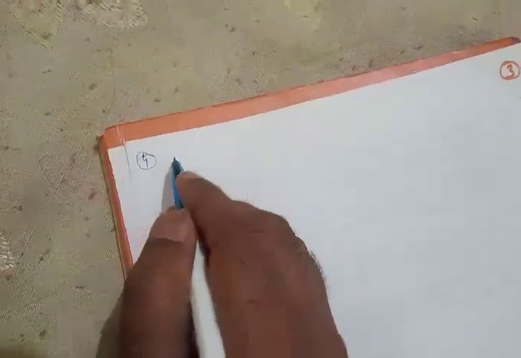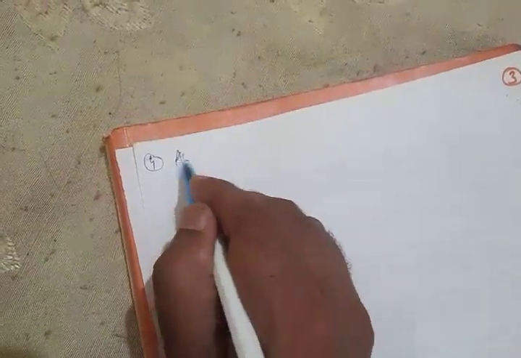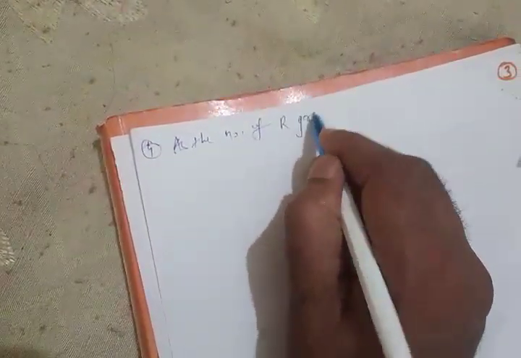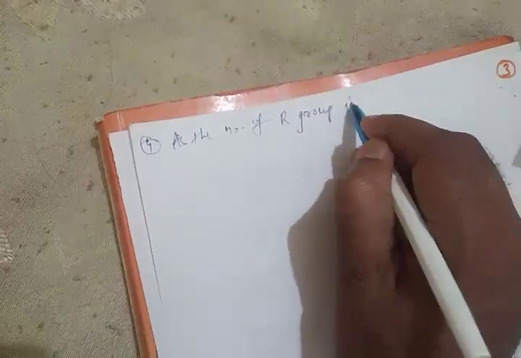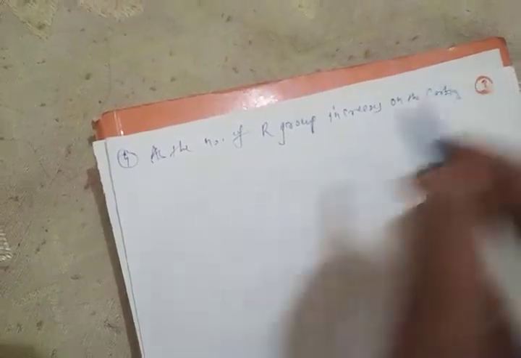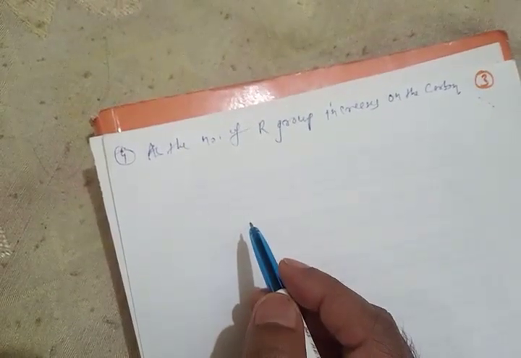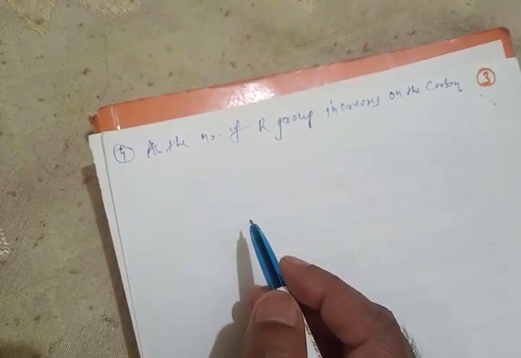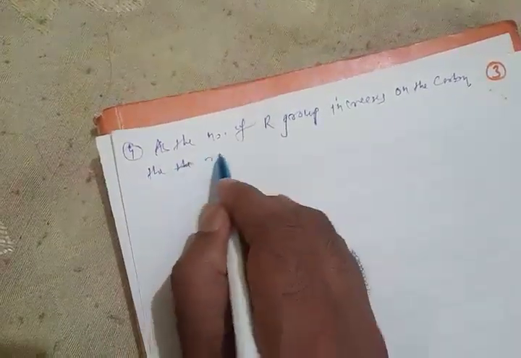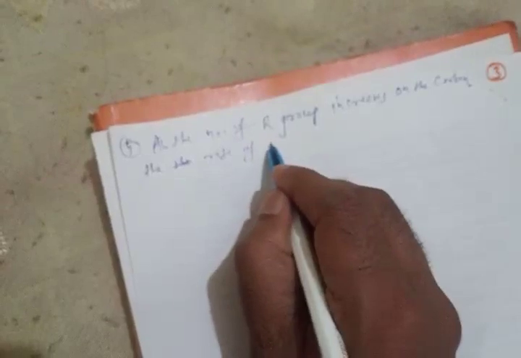The fourth one: as the number of R groups increases on the carbon, the rate of E2 increases.